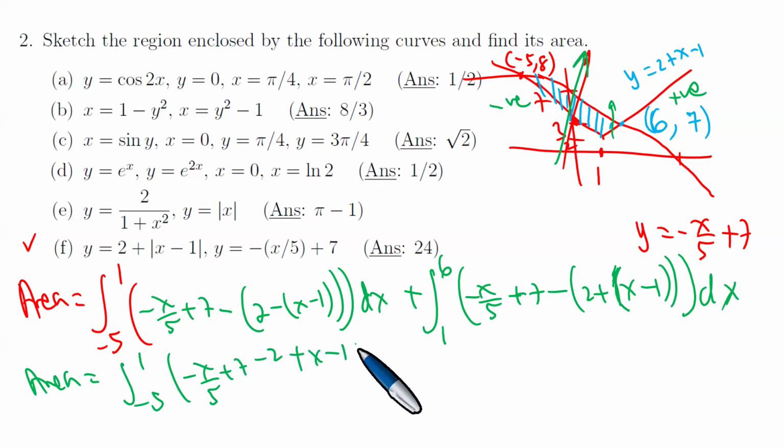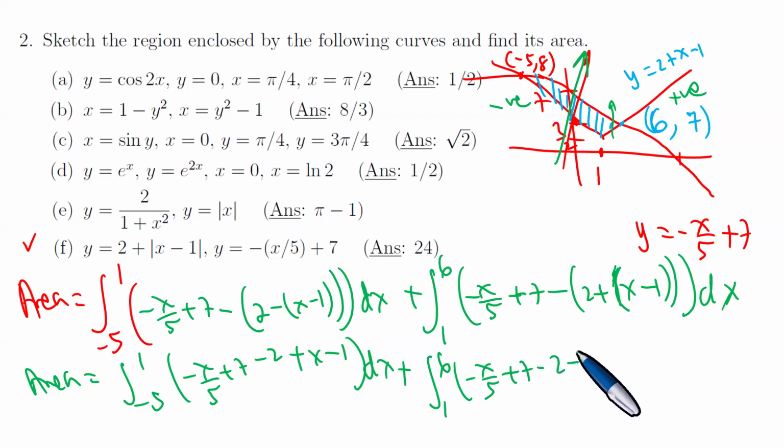Multiply by the negative here, and then you get that, dx. And then 1 to 6: minus x over 5 plus 7 minus (2 minus x plus 1).